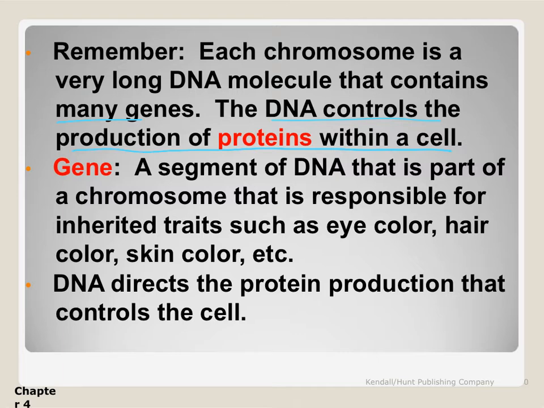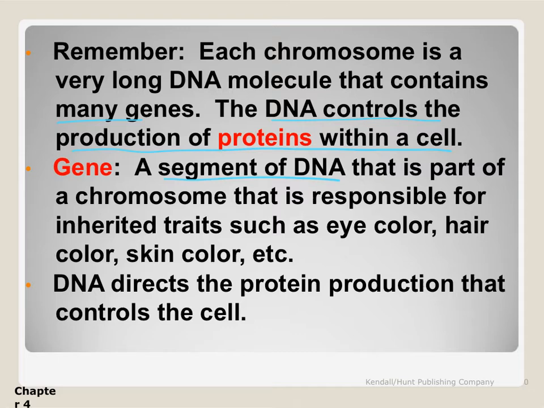Now, one gene is one piece of DNA, so it's a tiny segment of DNA, and that's part of a chromosome. So you have 46 chromosomes in your body cells, like we learned in the last unit. Each one of those chromosomes has hundreds or thousands of genes.